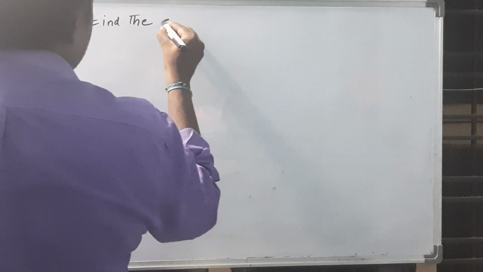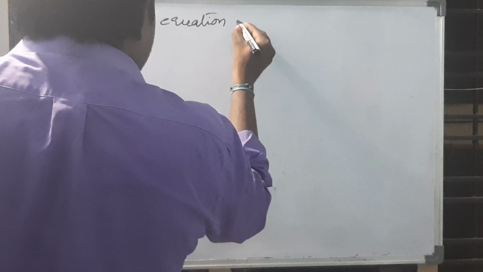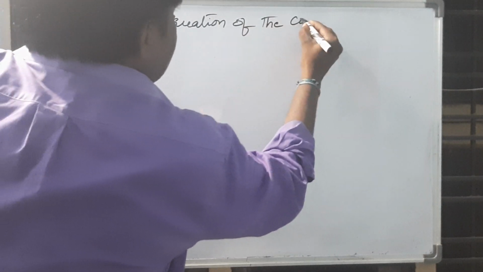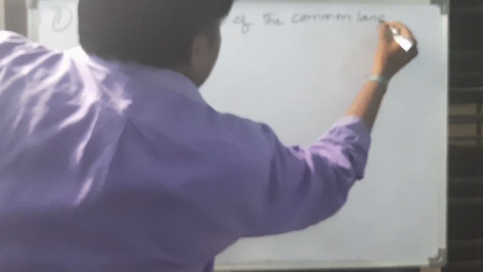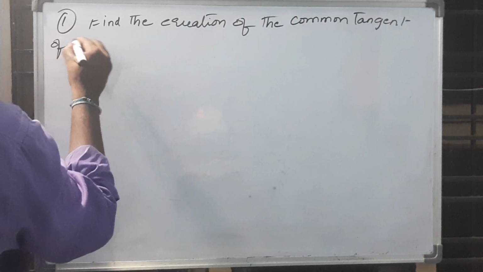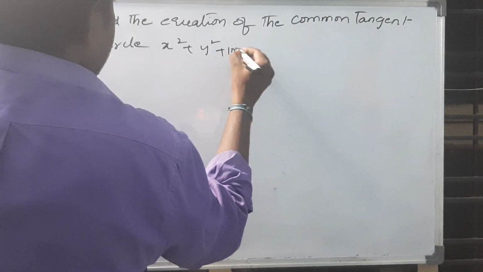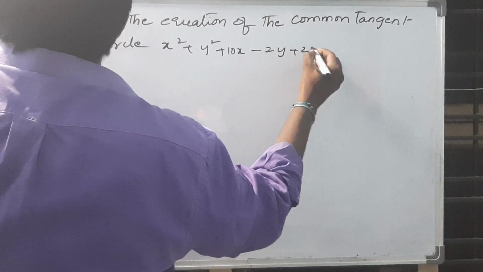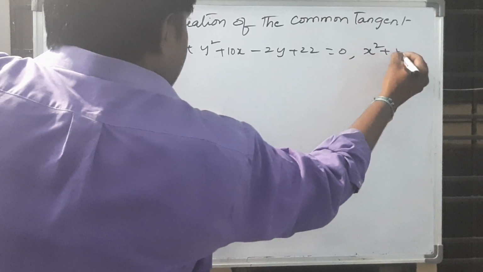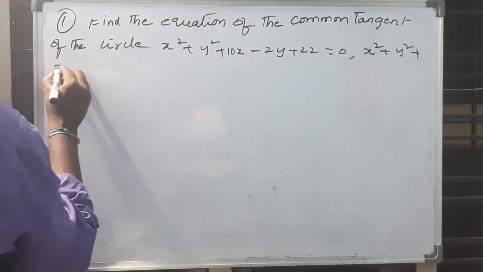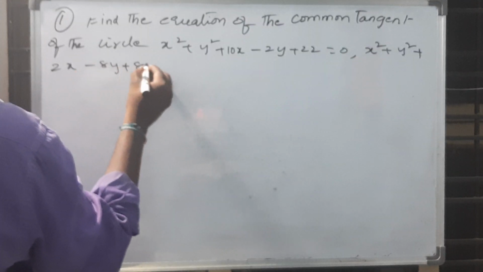See, first one. Find the equation of the common tangent of the circles x square plus y square plus 10x minus 2y plus 22 equal to 0, and the second circle equation is x square plus y square plus 2x minus 8y plus 8 equal to 0.